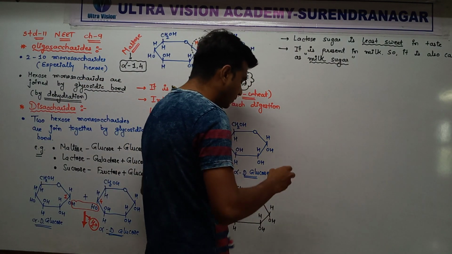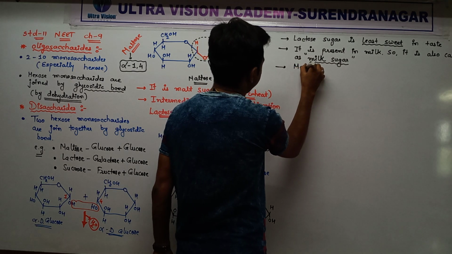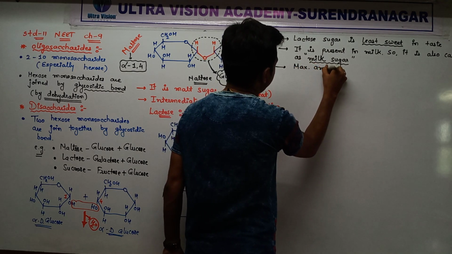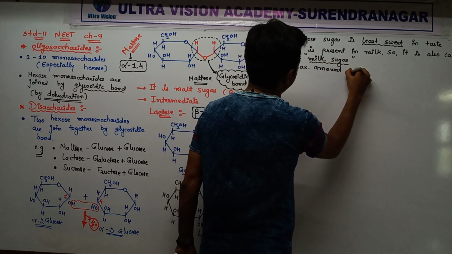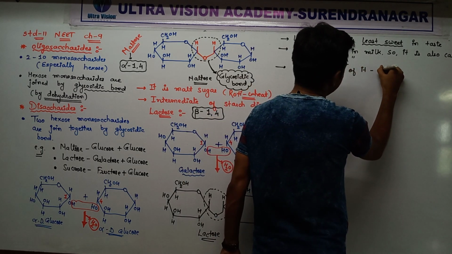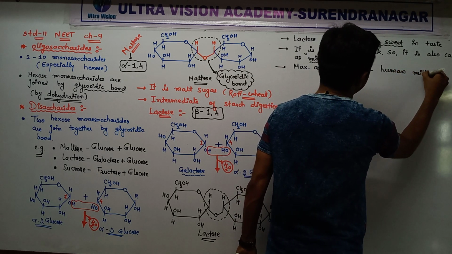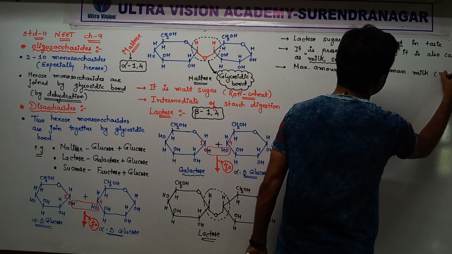Then, maximum amount of the lactose sugar in the human milk, that is 7%.